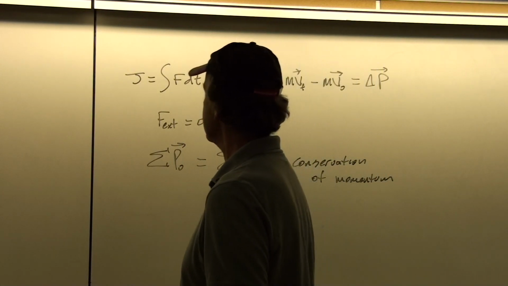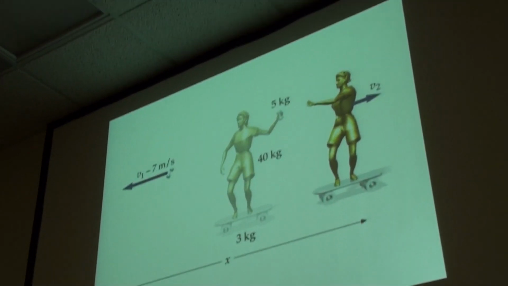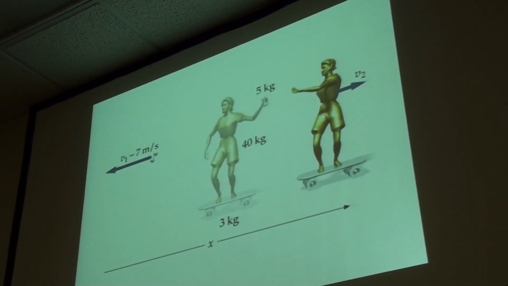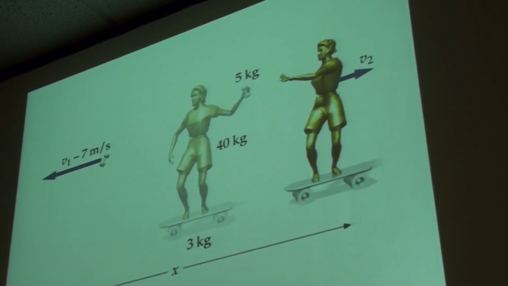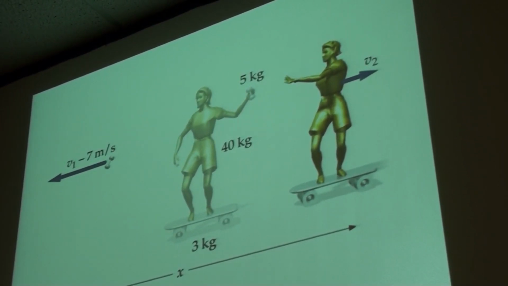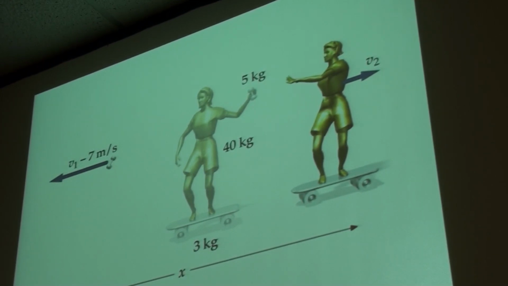So let's take a look at a problem up here, a skateboarder. We have a 40 kilogram mass and a 5 kilogram weight, it looks like there. You can imagine it's a physics text if you want to think of something that you might want to throw away in disgust.